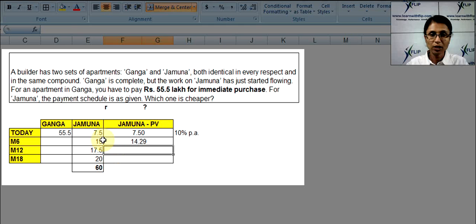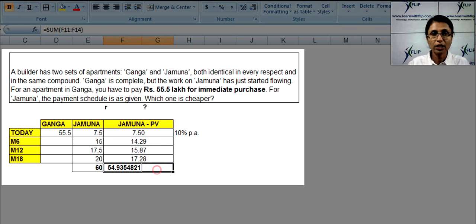And we get the present value of 15 lakh. Similarly, I'm just going to drag this and replace the 1 by 2, because we have 2 6 monthly periods and 3 6 monthly periods, and then sum it all up, and that will give you the lump sum equivalent of a Jamuna repayment.